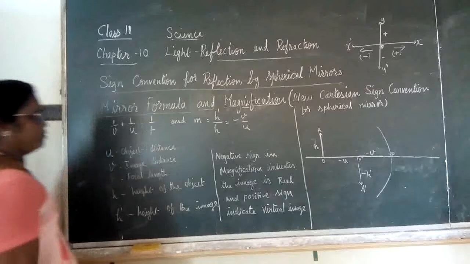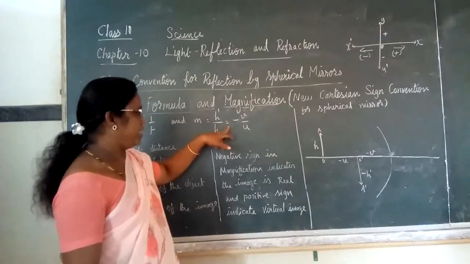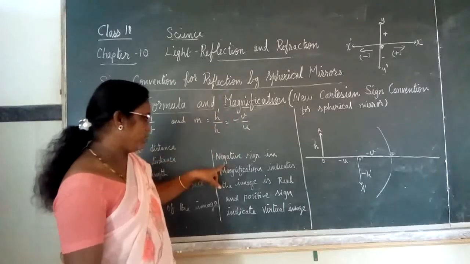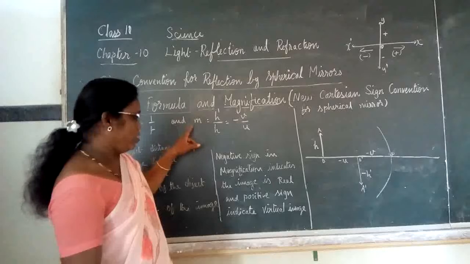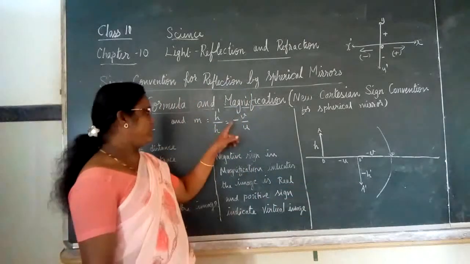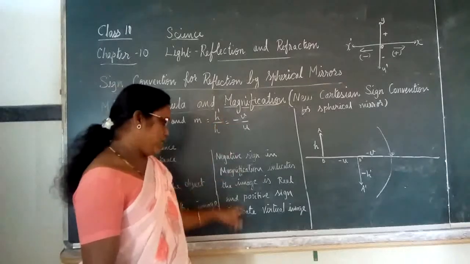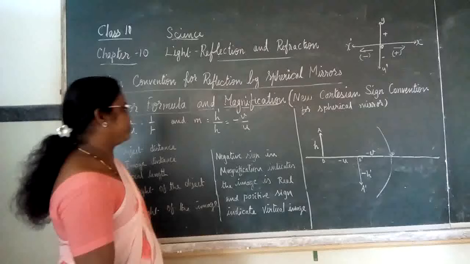Suppose after calculation, if you get the value as negative, it represents that the image is a real image, and if the value is positive, it means that the image is a virtual image.